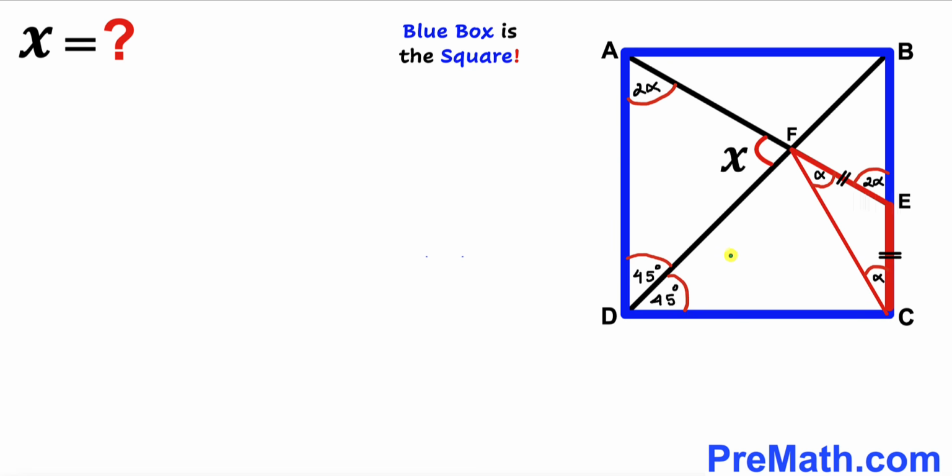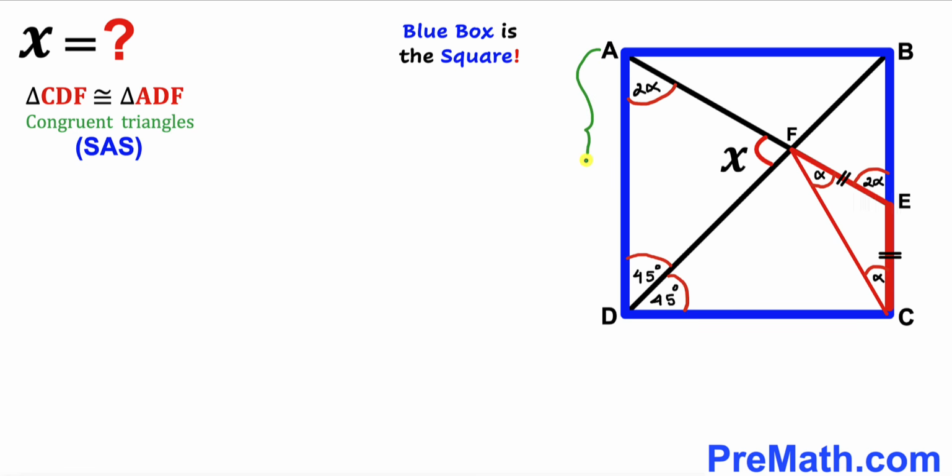Now we are going to focus on these two triangles, triangle CDF and triangle ADF. We can see that triangle CDF is congruent to triangle ADF according to the side-angle-side congruency theorem. Here, side AD equals side CD, since we are dealing with a square.